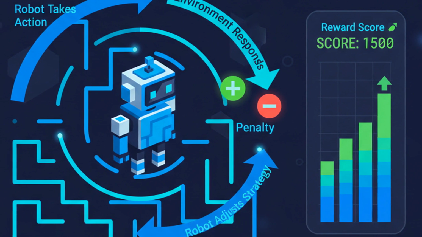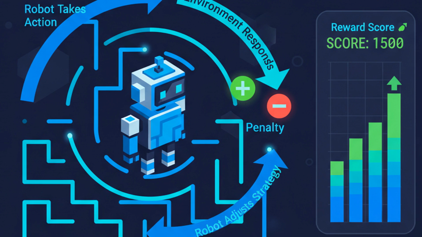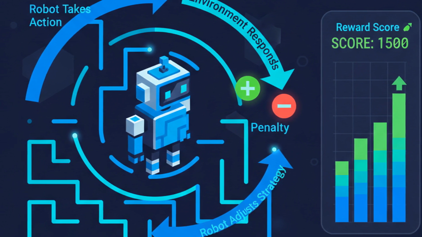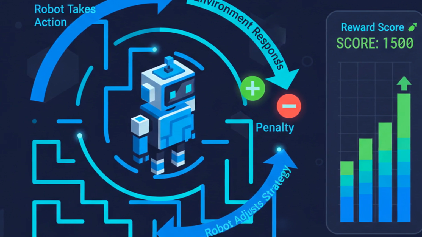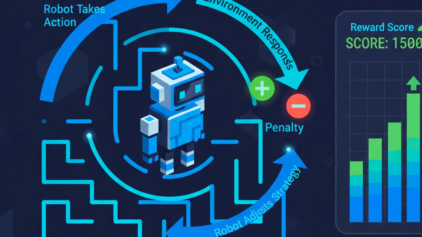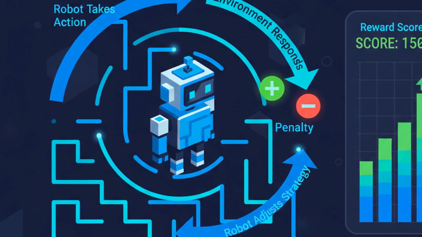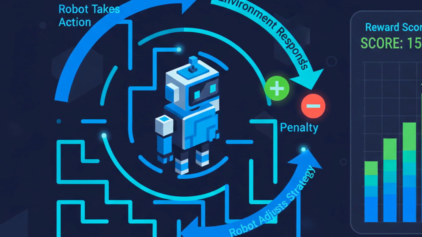Over time, it learns which actions lead to treats. Reinforcement learning works identically. The AI tries random actions, sees what happens, and gradually figures out strategies that maximize its reward. It's learning from consequences, not from examples.